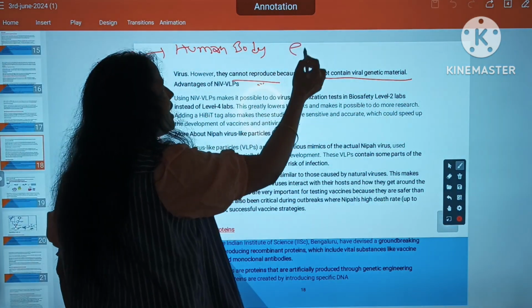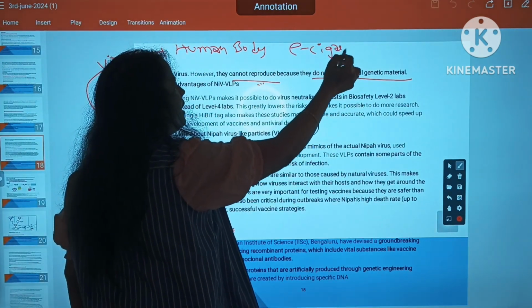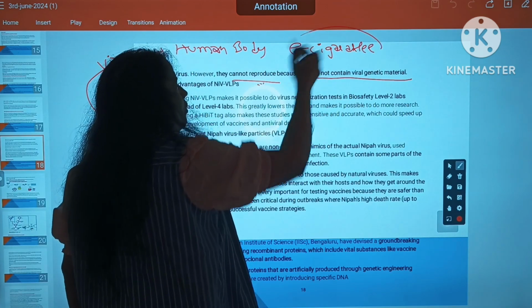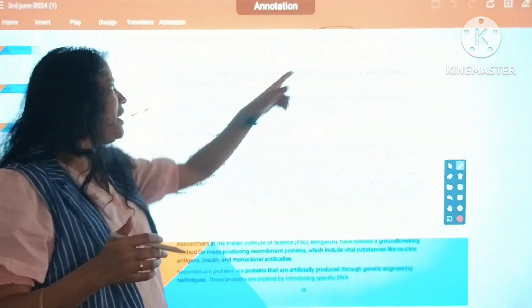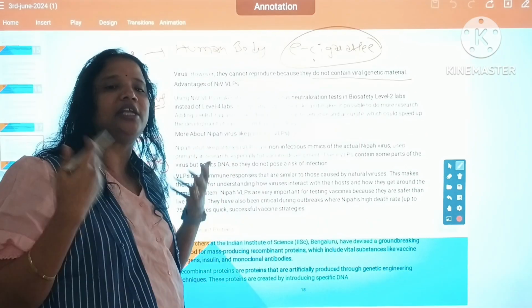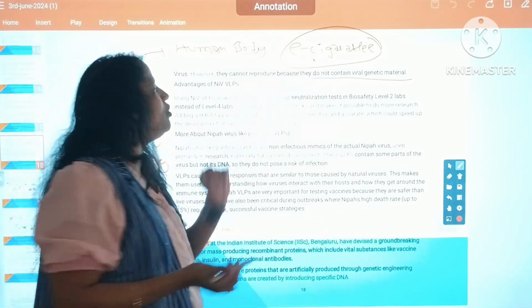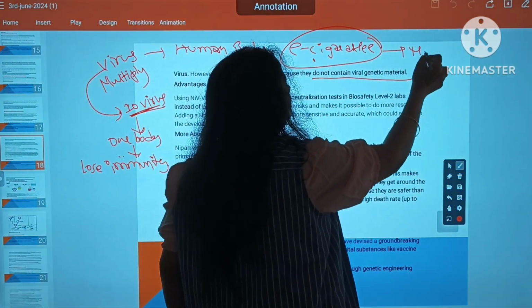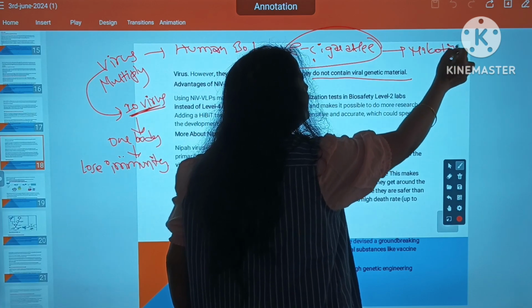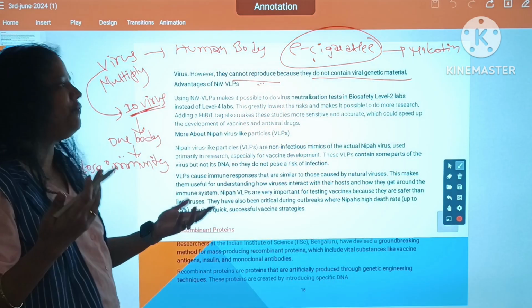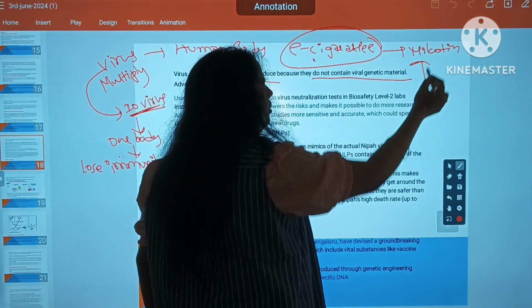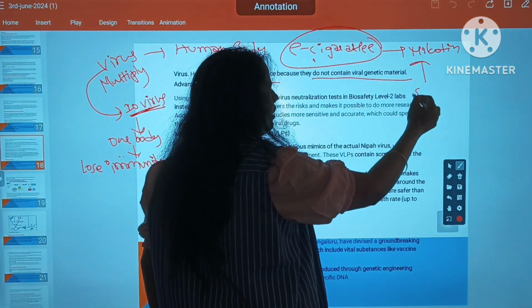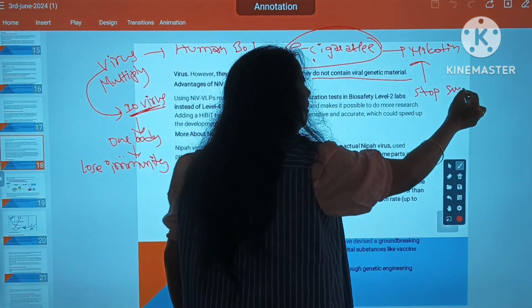Like you might have seen an e-cigarette. This is a cigarette only. When people take this cigarette, they feel like they are smoking a cigarette, but there is no nicotine in this. It is just a toy. It is just a feeling to make people stop smoking.